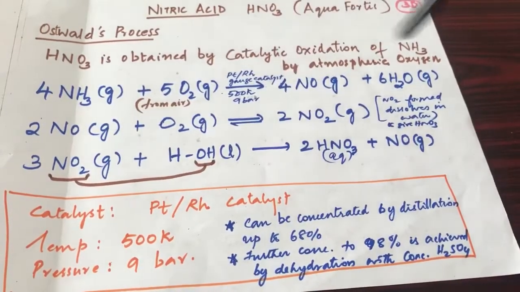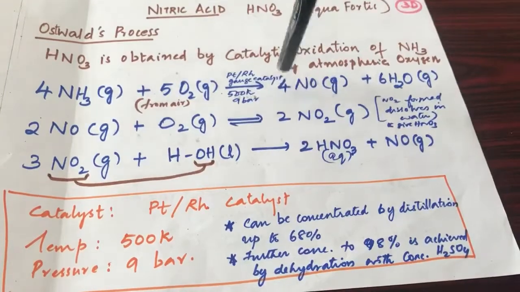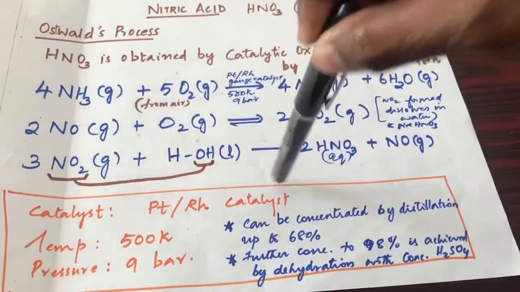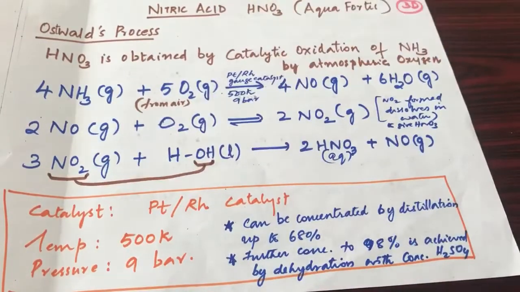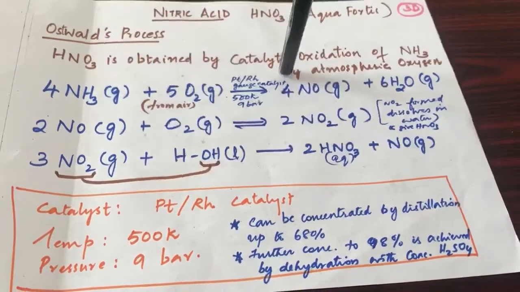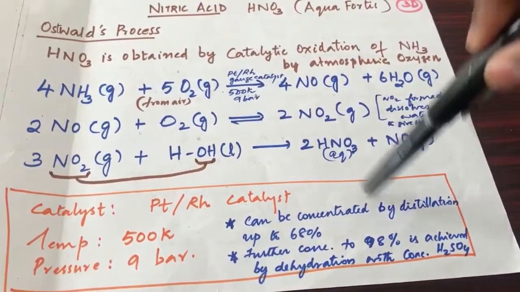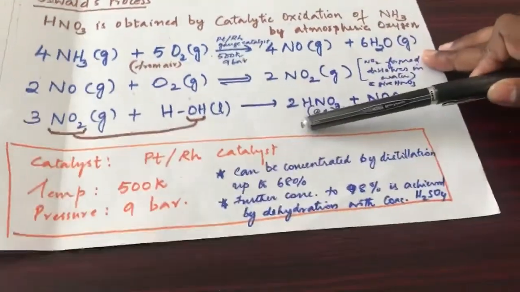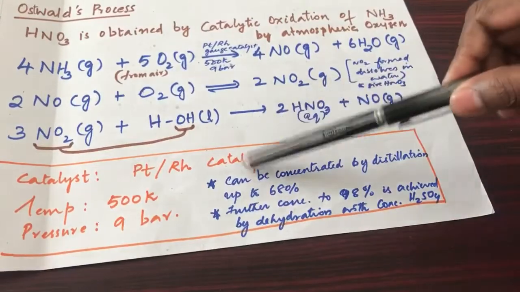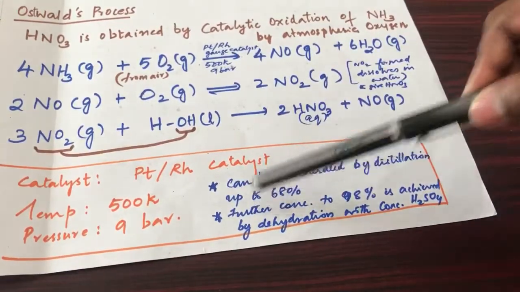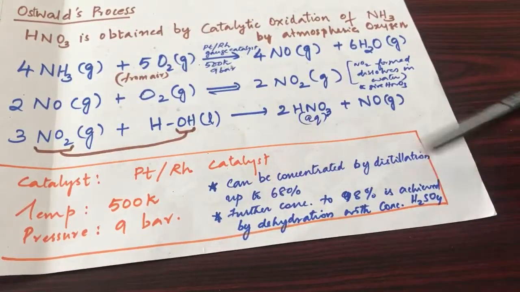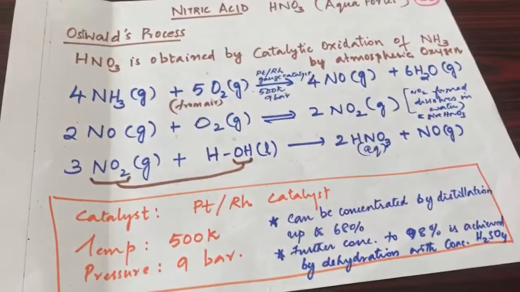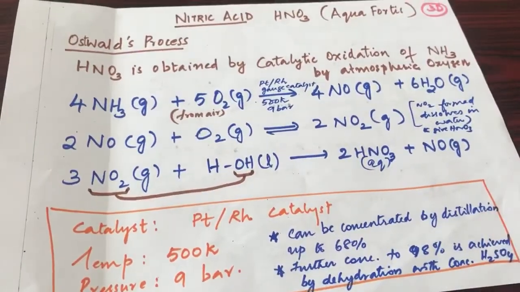So it is important to mention that platinum rhodium gauze catalyst is used. Once HNO3 is prepared, it can be concentrated up to 68%, and further concentration to 98% is achieved by dehydration with concentrated H2SO4. This is also added information, so you should know this much.